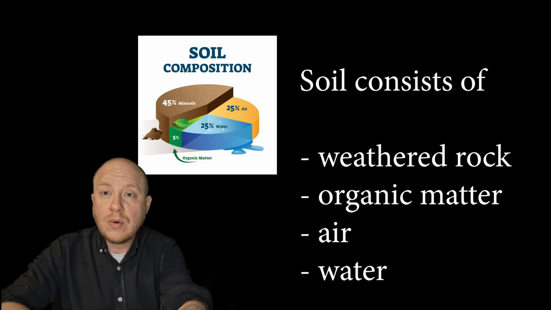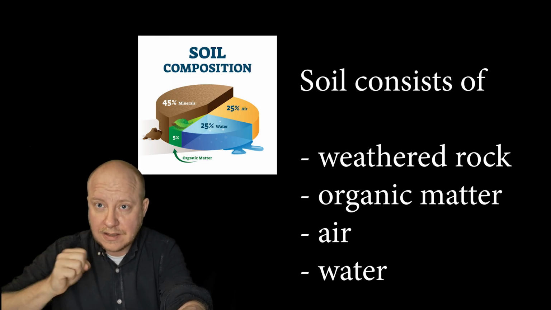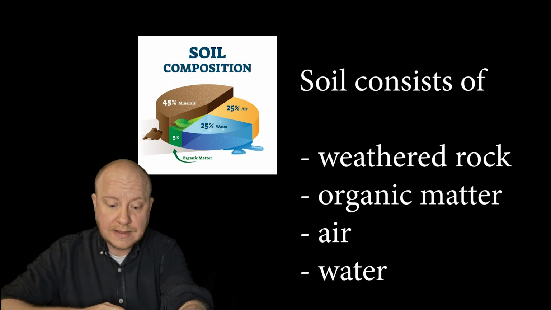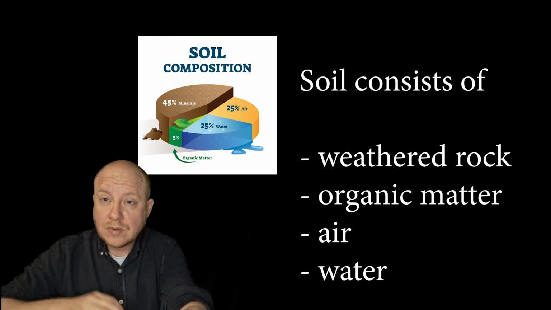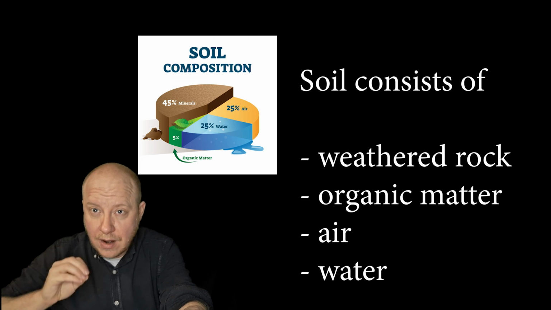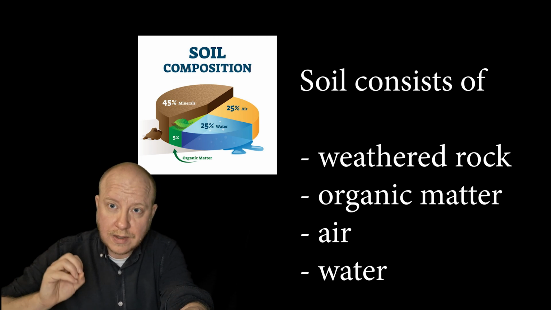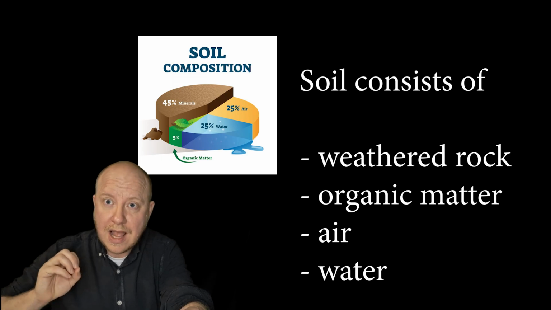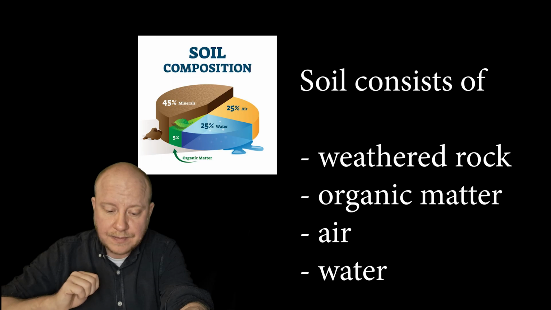Weathered rock, organic matter, so live or dead beings, carbon-based life forms, air, and water. Okay, so soil also is composed of air and water, right? So it's weathered rock, organic matter, air, and water. Those are the 4 components of soil.